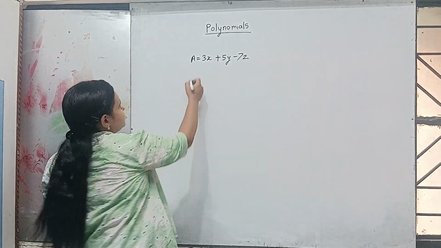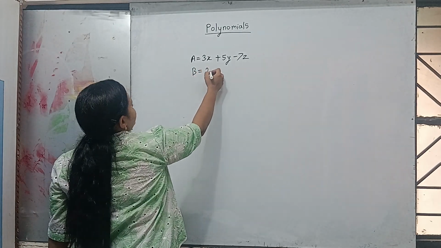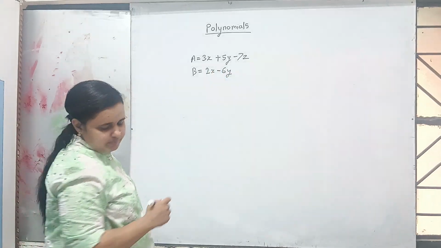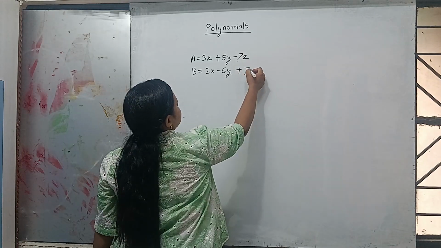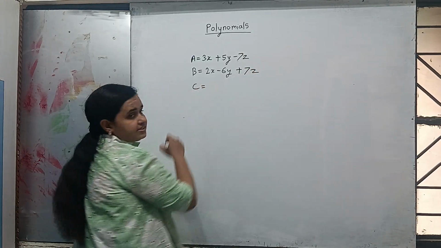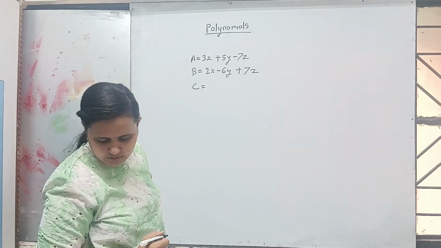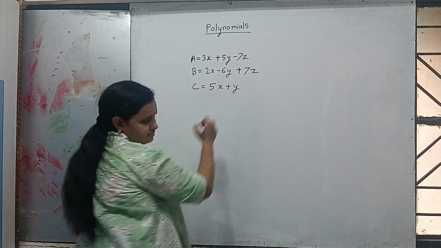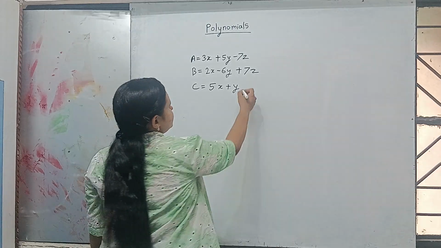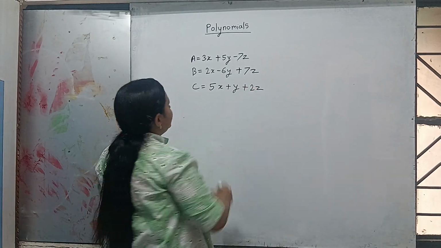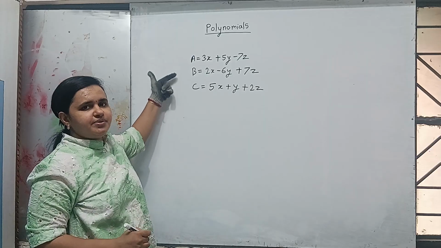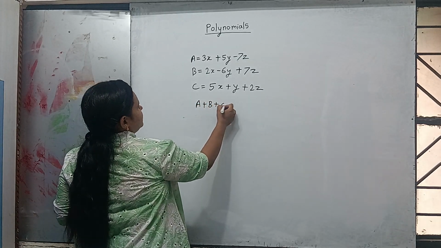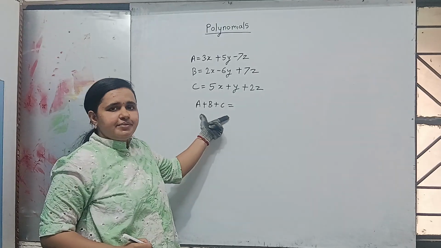B is given as 2x minus 6y plus 7z. C is given as 5x plus y plus 2z. And we have to add this A plus B plus C.